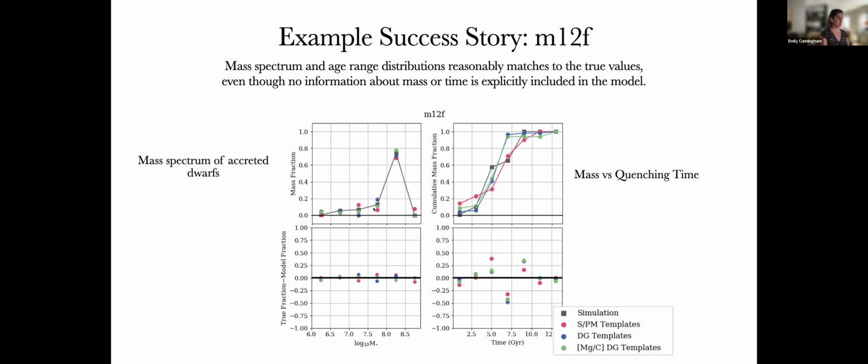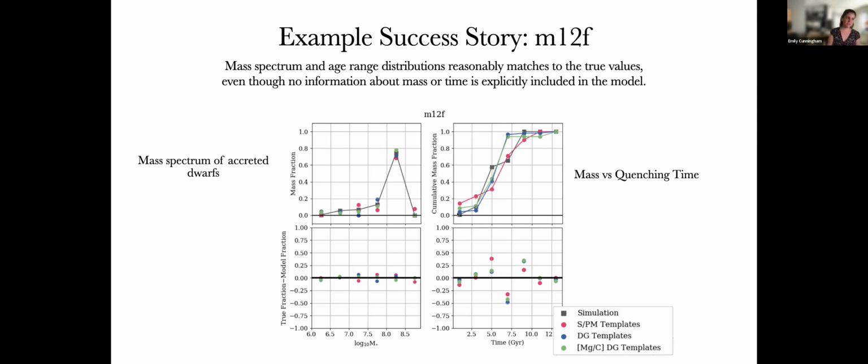And the results from 3 different template sets are shown here by the colored dots, and the residuals are shown in the bottom panel. As you can immediately see, the mass spectrum of accreted dwarfs is recovered for this halo very accurately, which is really exciting. So this one is actually recovered within like 3%, which I was pretty pleased about.